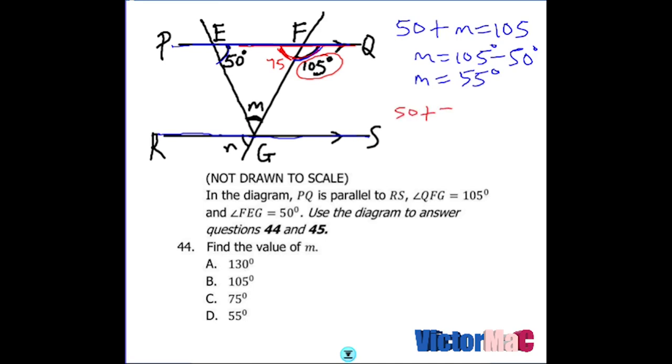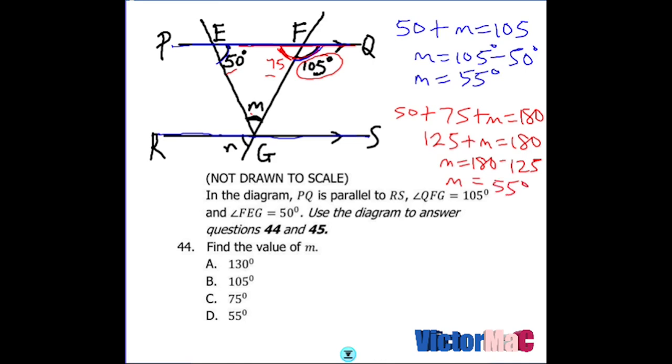The three angles in triangle EFG are 50, 75, and M, which equal 180. When we sum this, we have 125 plus M equals 180, and when we subtract 125 from 180, M will simply equal 55 as well. So the correct option here is option D.